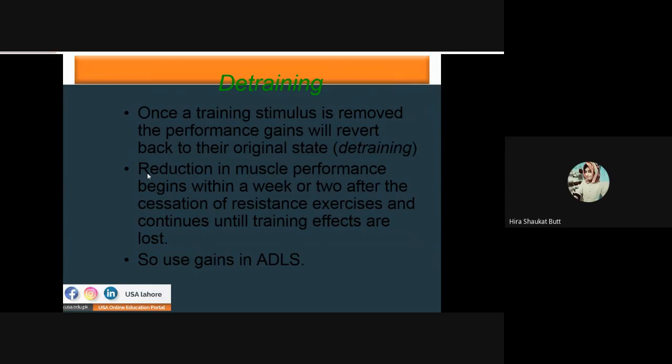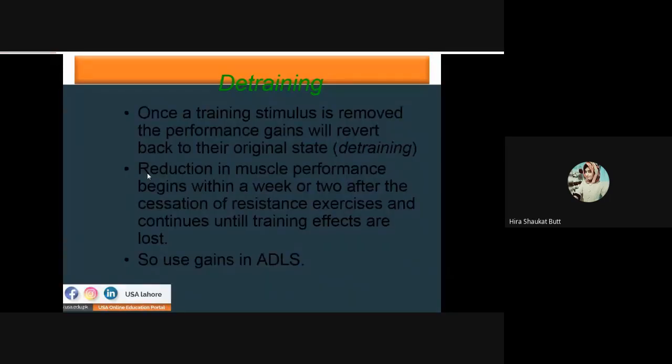The effects are always maximum in the fourth week, or until the 8th week of resisted exercises. So you have to continue to participate in the improvement exercises and in the multiple functional activities.